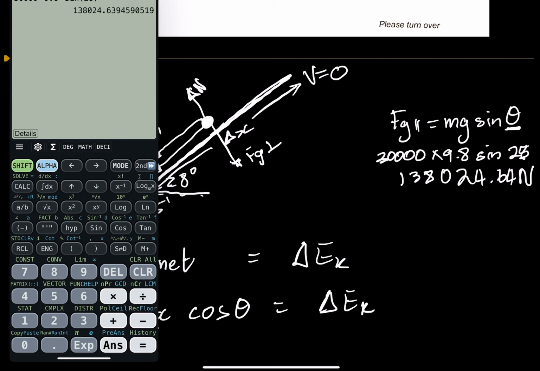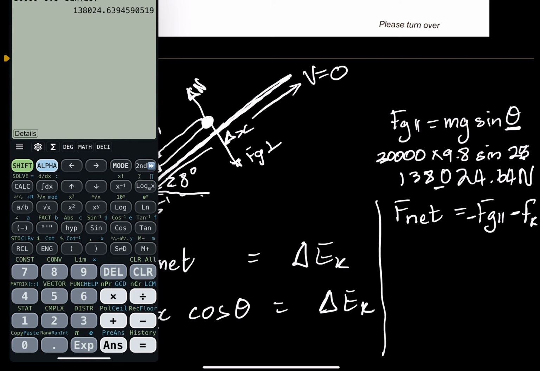So if you are going to look at the net force, you're looking at two forces essentially that are acting in the same direction, which would be FG parallel, or rather, you can say minus FG parallel minus the frictional force. I'm going to call it kinetic friction. So we're going to take that force there, and we're going to add the frictional force to it.